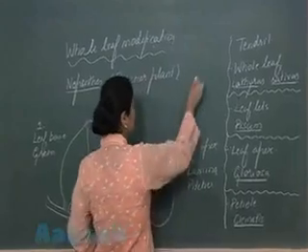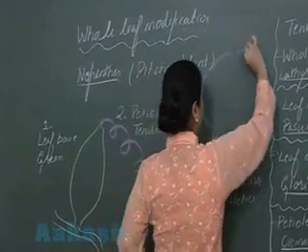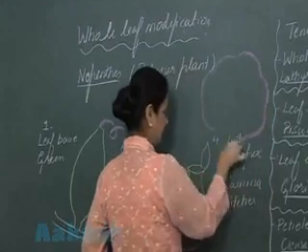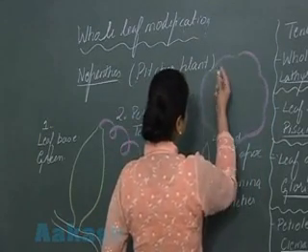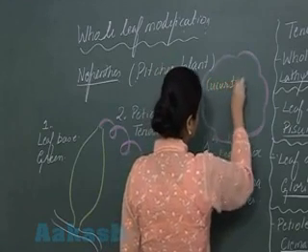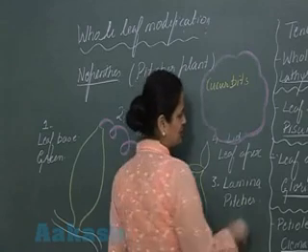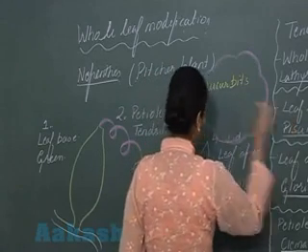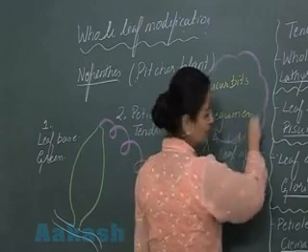In the previous class we have discussed that tendril is formed in cucurbits, and here we are discussing that the tendril is also formed in Pisum, that is a leguminous plant.